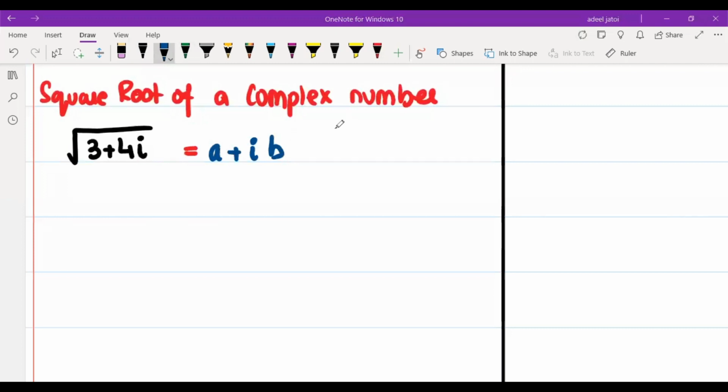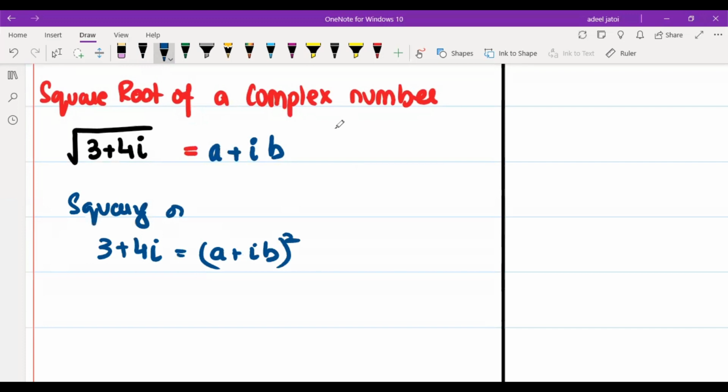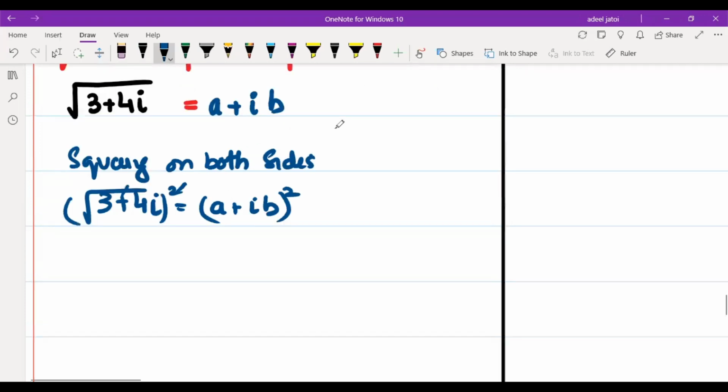So 3 plus 4 iota is equal to a plus iota b whole square. We are squaring on both sides, so automatically the under root is cancelled out, right? So we are left with 3 plus 4 iota is equal to a plus iota b whole square.